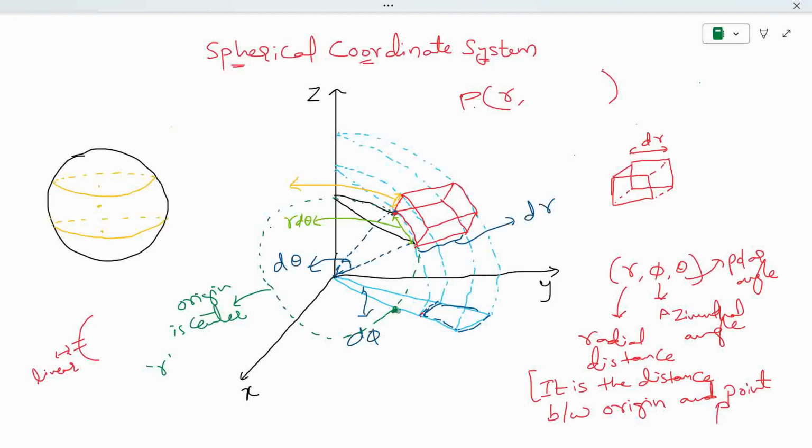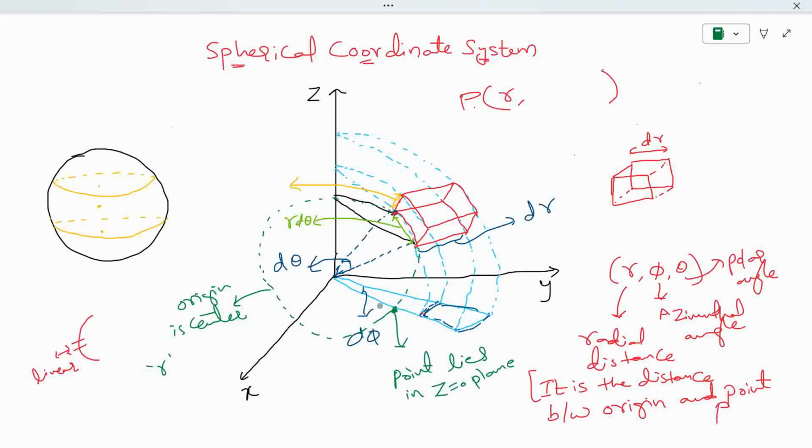See, on the circle it came exactly in the xy plane. So at this point z equals 0, so this point lies in the z equals 0 plane.